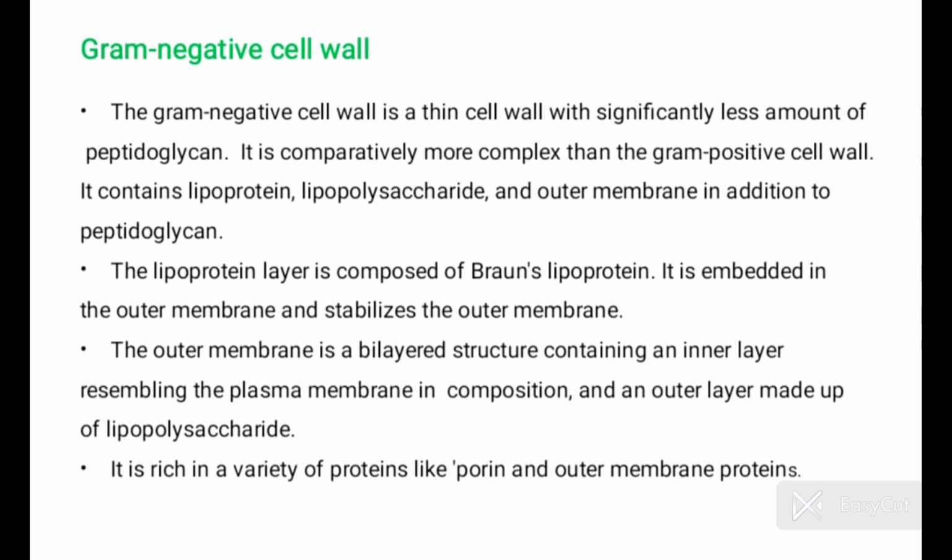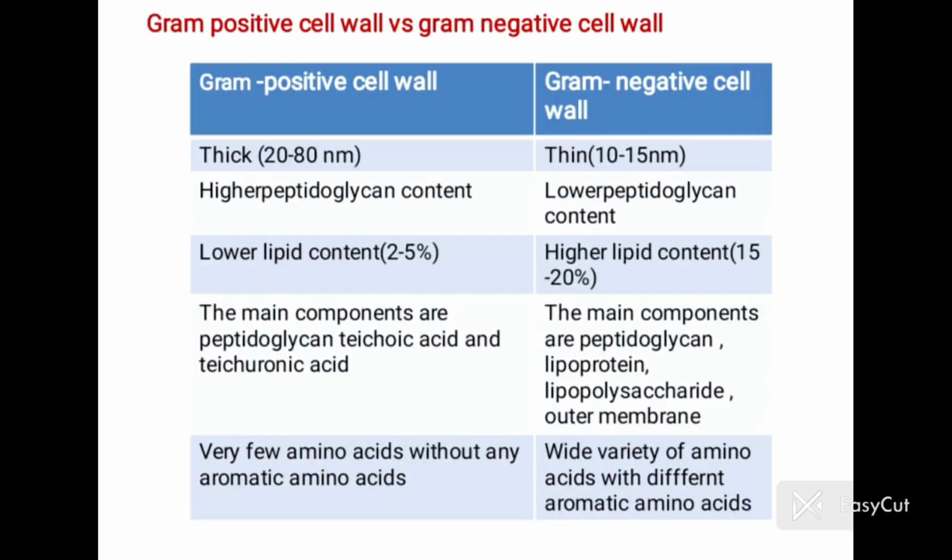It is embedded in the outer membrane and stabilizes the outer membrane. The outer membrane is a bilayered structure containing an inner layer resembling the plasma membrane in composition and an outer layer made up of lipopolysaccharide. It is rich in a variety of proteins like porins and outer membrane proteins.